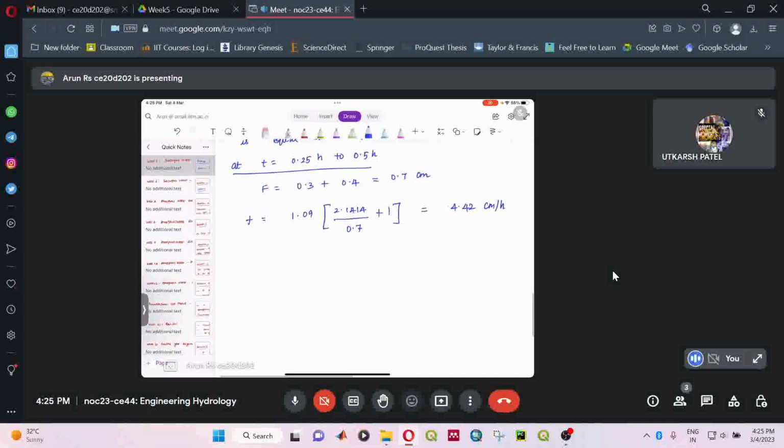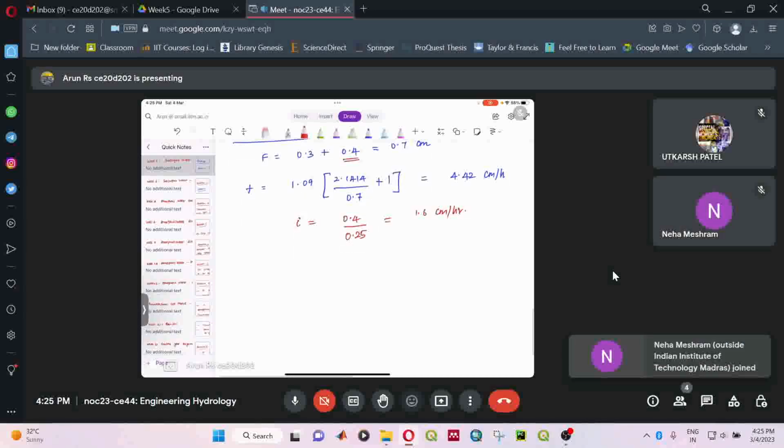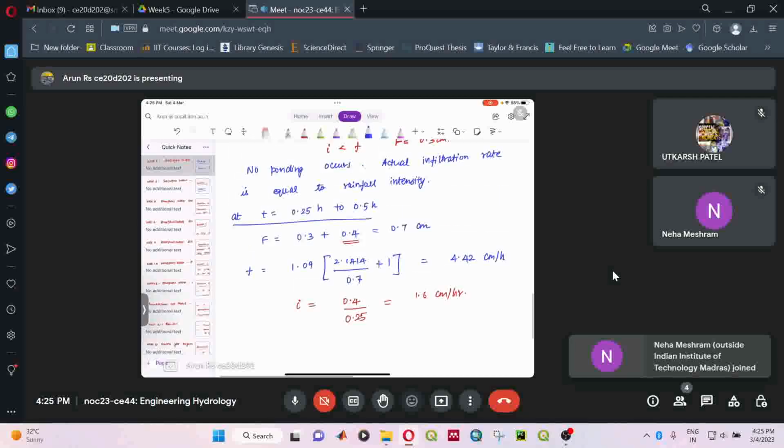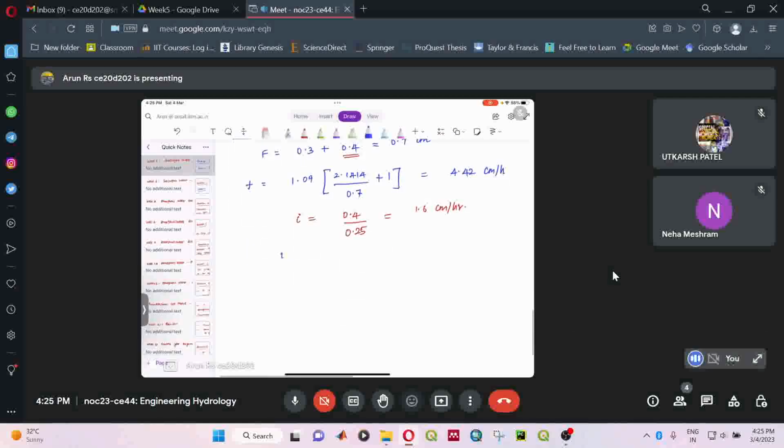Here we'll find out the rainfall that happened in that particular time interval. The rainfall that happened is 0.4 divided by 0.25, which is 1.6 centimeters per hour. So your rainfall intensity is less than your small f. Here also no ponding occurs.